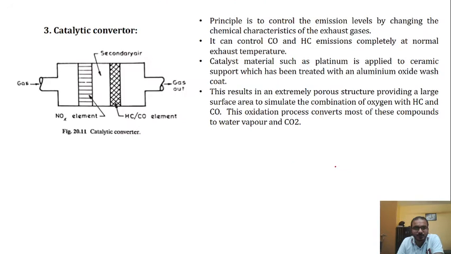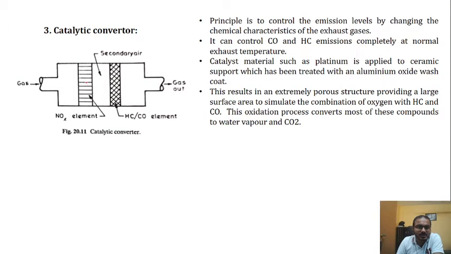Now let's move forward to our next theory, that is the catalytic converter. If you see in today's time, BS4 engines are replaced with BS6 engines, in which the catalytic converter is now compulsory. Here the gas is entering and here the gas is coming out.